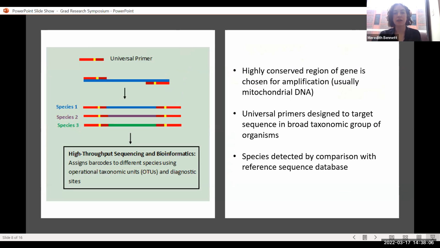Scientists have to design primers that then target a specific sequence in a gene that's common to a broad taxonomic group of organisms. In this case, it would be mussels. And then once you have those primers and have sequences produced by them, you can compare the sequences you get with a reference sequence database to see what species are present in the water samples we're taking.